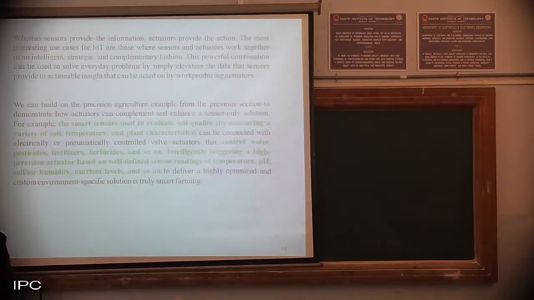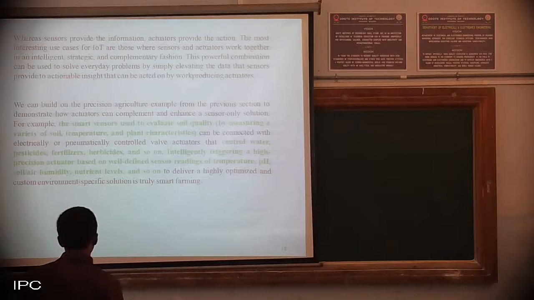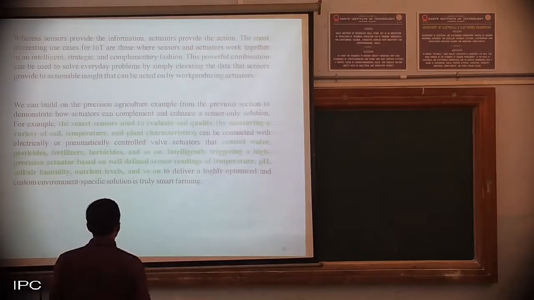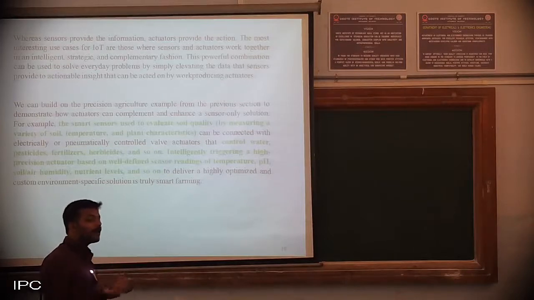Depending on that we can decide the control of water, pesticides, fertilizers, herbicides, and all the intelligent actions can be decided and done through the actuators.